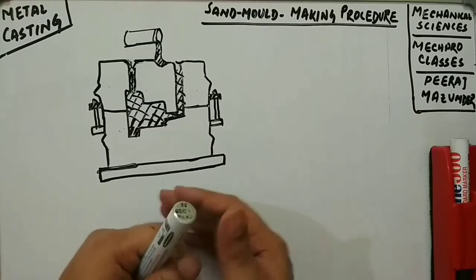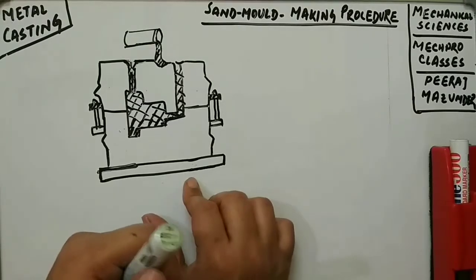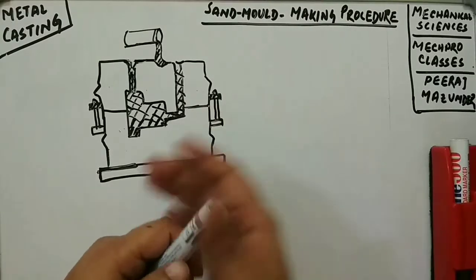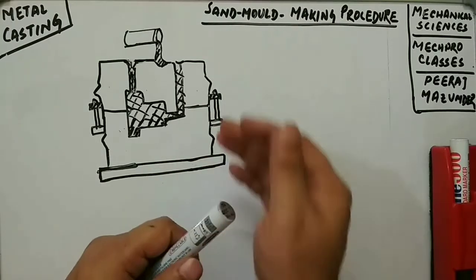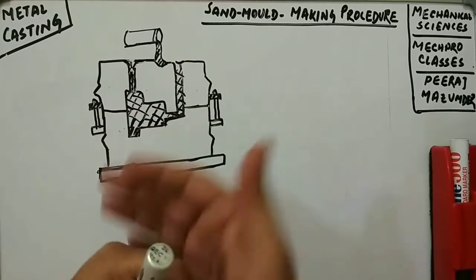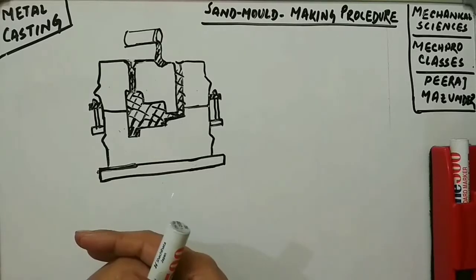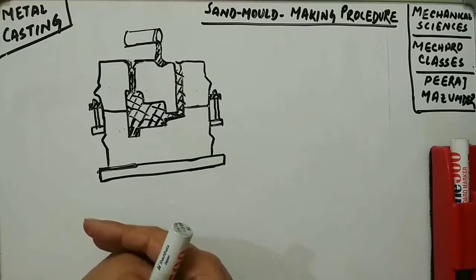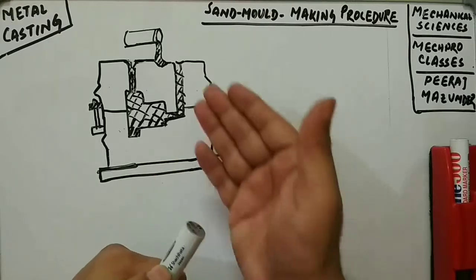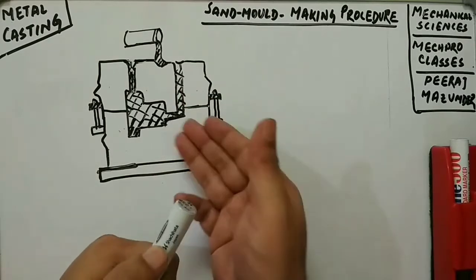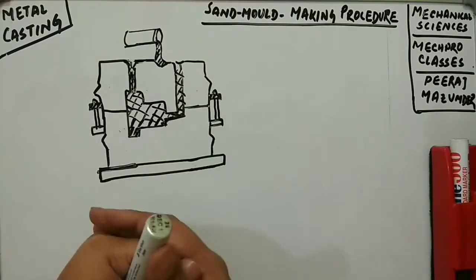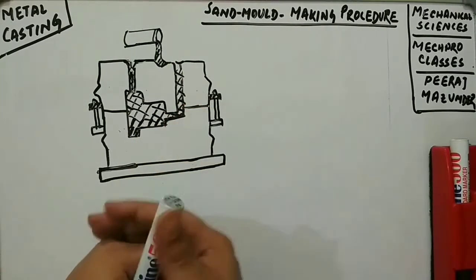So let us start with this 2D diagram of the same thing I discussed in the previous video in a 3D diagram. You can easily see that this figure is a cross section, or 2D diagram, which depicts the molding box, where we have the upper portion as the cope and the lower portion as the drag, along with the different parts of the molding box.